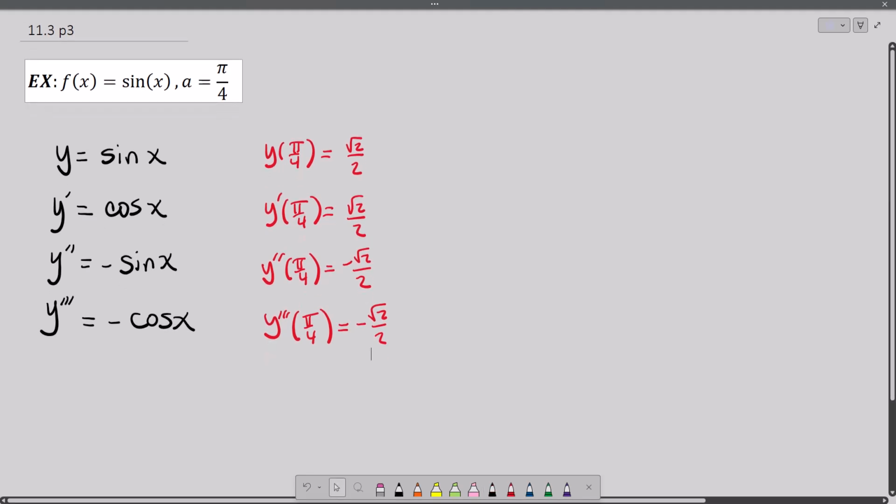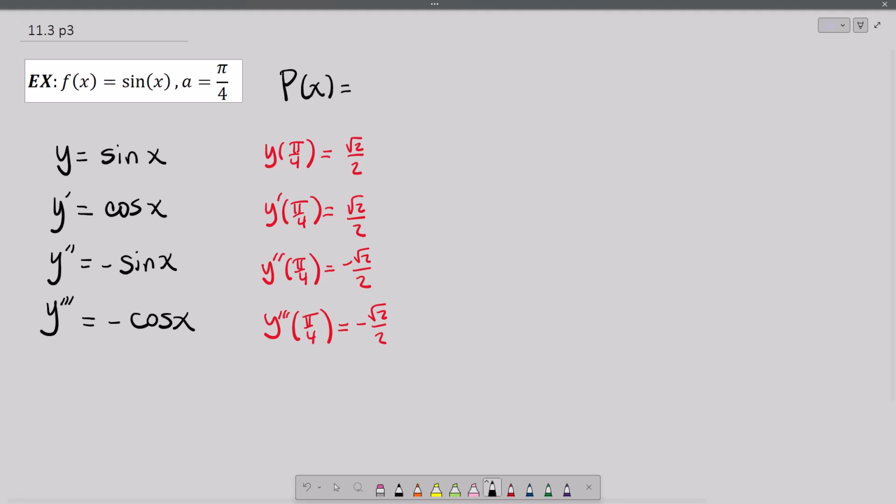So we are going to call our polynomial P, and by polynomial I mean infinite polynomial, never-ending polynomial. And the center was pi over 4, so there is our tangent line. Tangent line, constant plus constant times x minus the center.